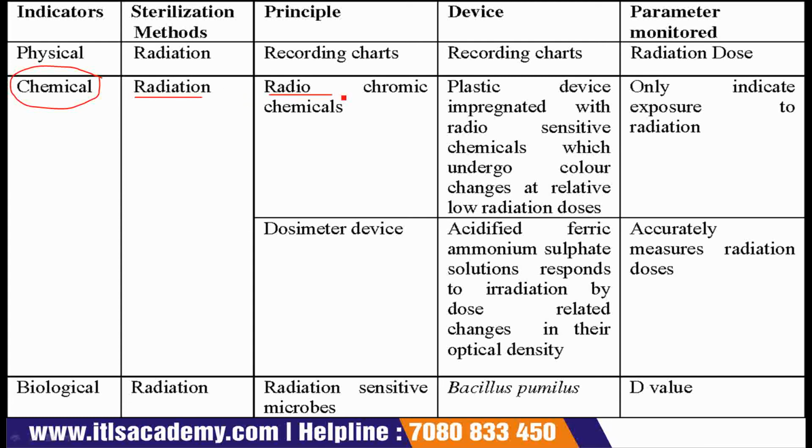The principle will be radiochromic chemicals. The device for the chemical indicators will be a plastic device impregnated with radiosensitive chemicals which undergo color changes at relatively low radiation doses. The parameter monitored will only indicate exposure to radiation.